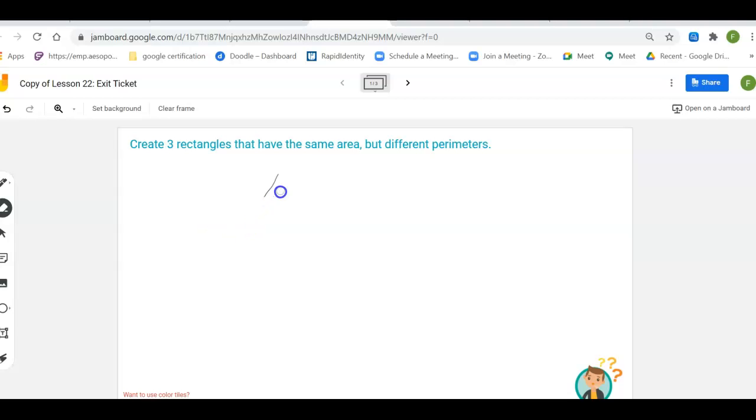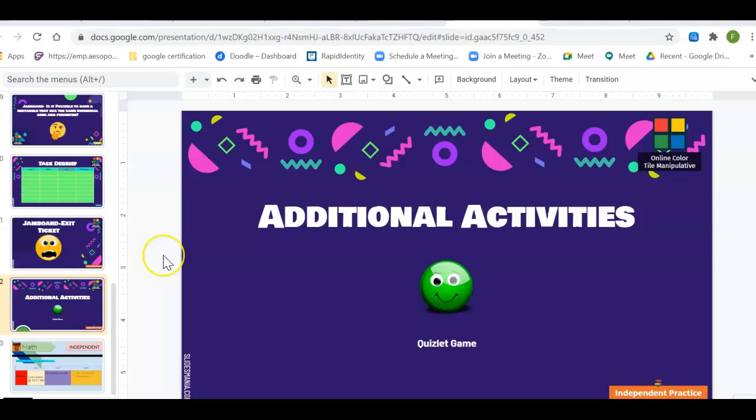Make sure you label your dimensions like I did on the previous one. And the second one here is create 3 rectangles that have the same perimeter but different areas. So just pause the video and make sure you go in and complete those first before we move on.